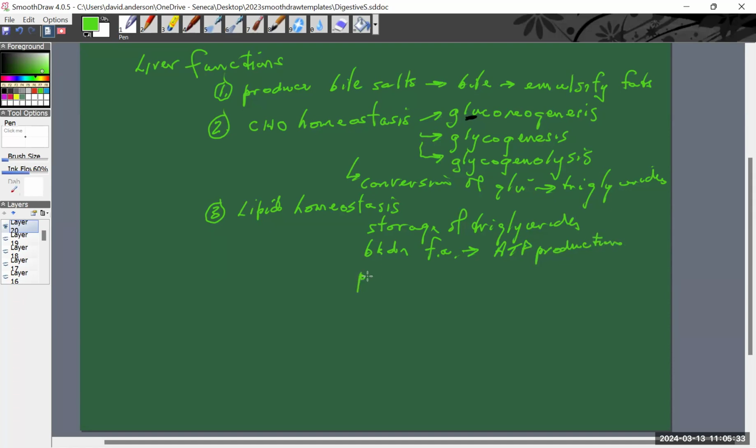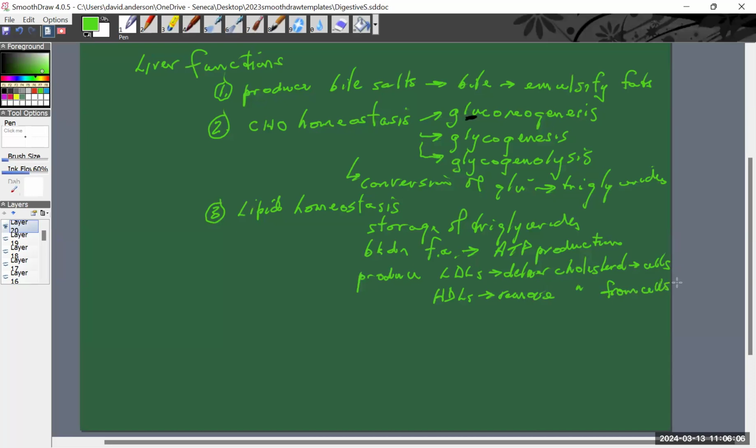And we can produce those carrier molecules that I talked about on that other slide, LDLs and HDLs. So we deliver cholesterol to cells, and we remove cholesterol from cells.